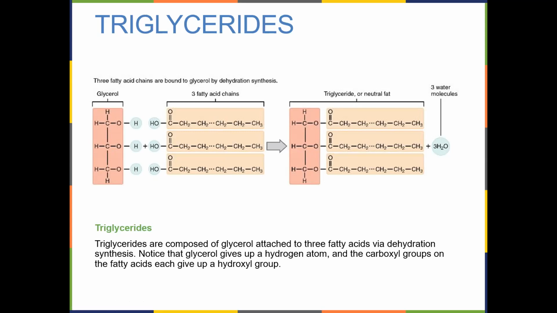Lots of potential energy there, because we have lots of covalent bonds with lots of electrons in the valence shells of the hydrogens and the carbons. So when the 3 are combined, that gives us the neutral fat, the triglyceride, over here on the far right: the glycerol linked to the 3 fatty acid chains. This is a triglyceride or neutral fat.